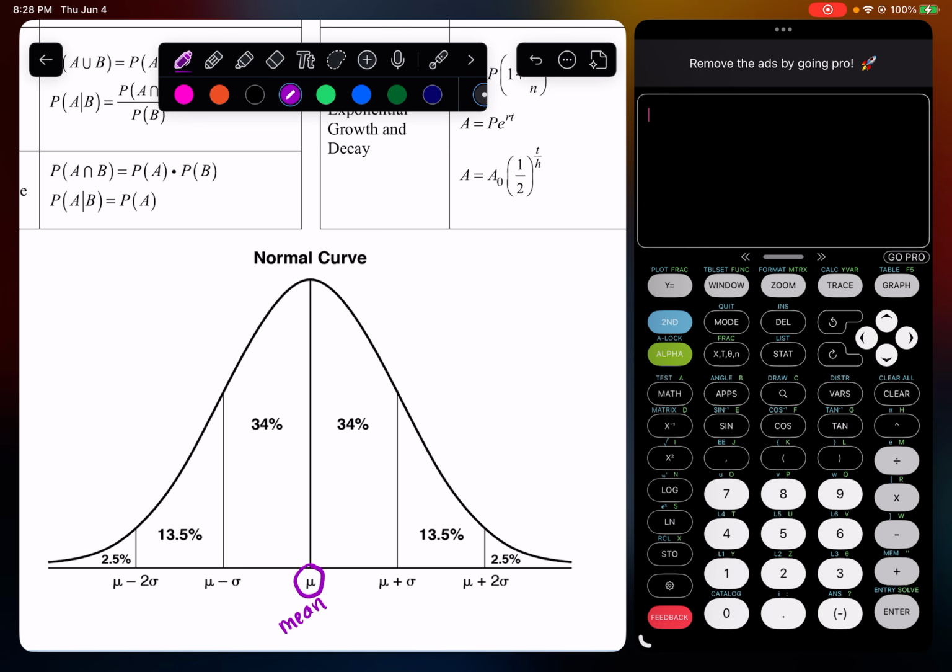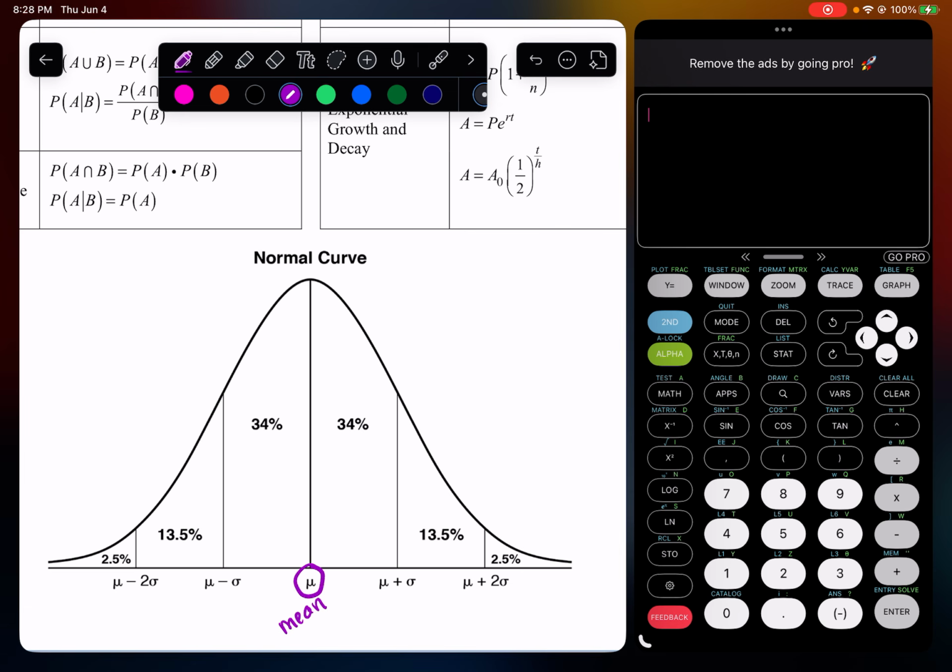And this symbol here, mu, a Greek letter, stands for your mean. So the mean is at the center of the data. Above and below, all of the responses are clustered towards the middle, but as you get farther away, they tail out. They get less frequent. And this is why we call this a bell curve.